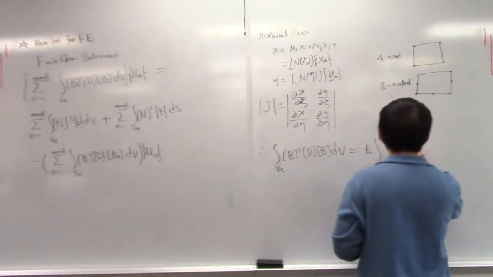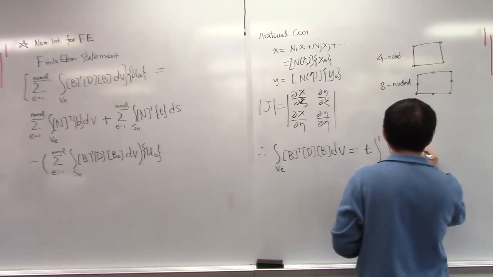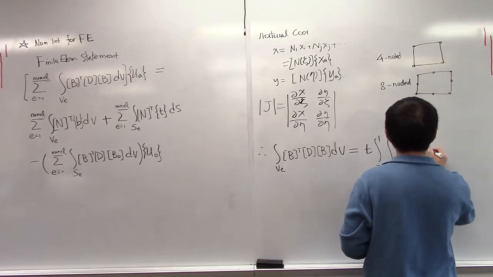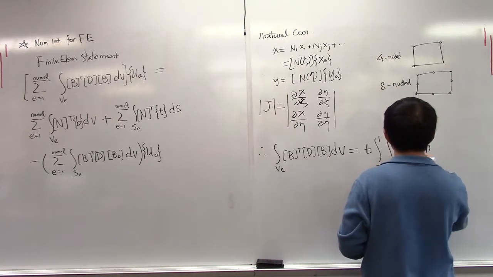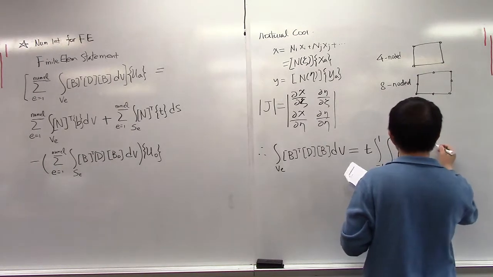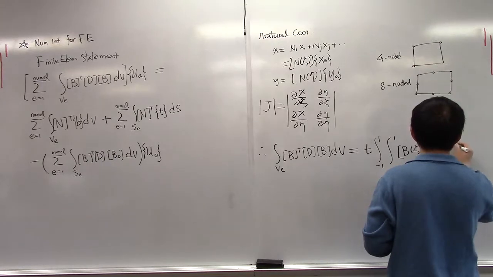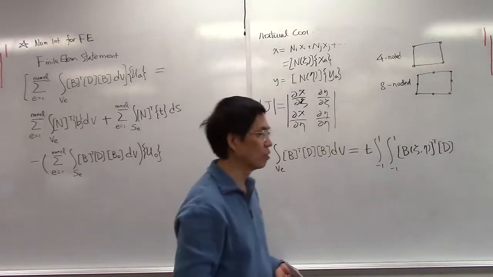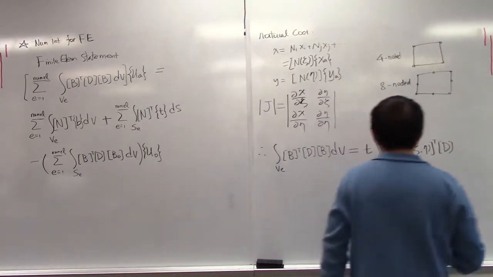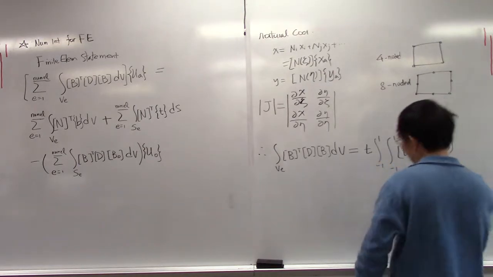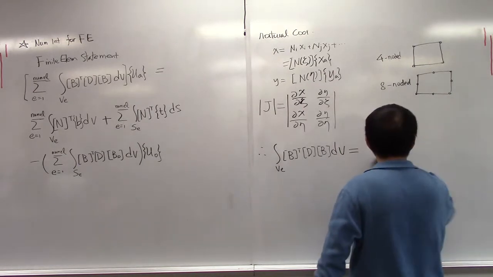So now this B is a function of theta and eta, and this is transpose. D is material constant. It's not a function of coordinate. I'm running out of space here, so I will write it here.